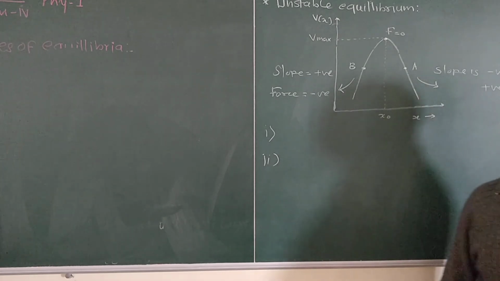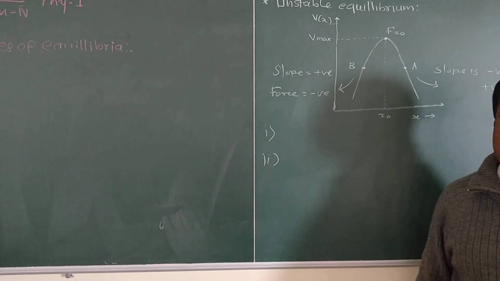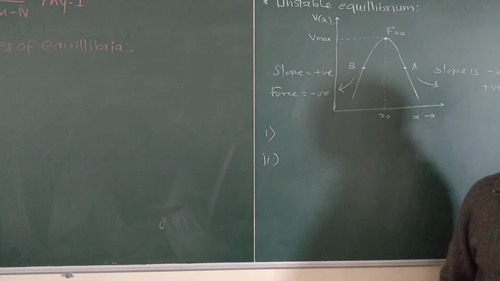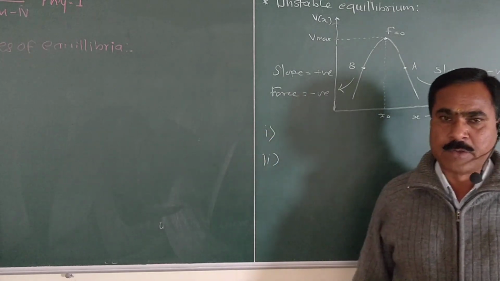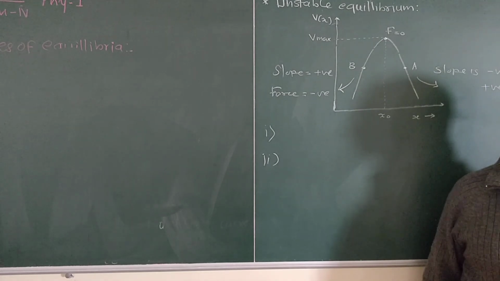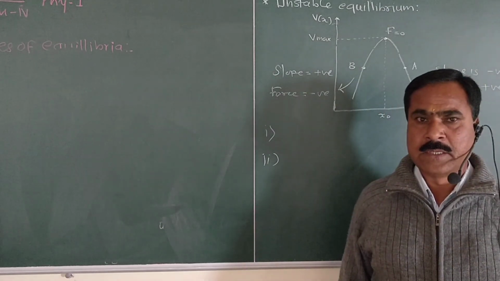In stable equilibrium, the particle always performs small bounded motion about the equilibrium position. So these are the two types of equilibria: stable equilibrium and unstable equilibrium. The other three equilibria we can continue in the next lecture.